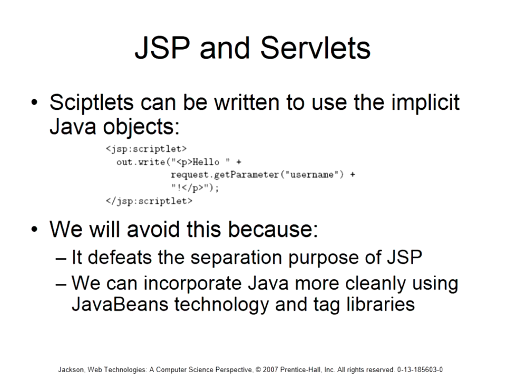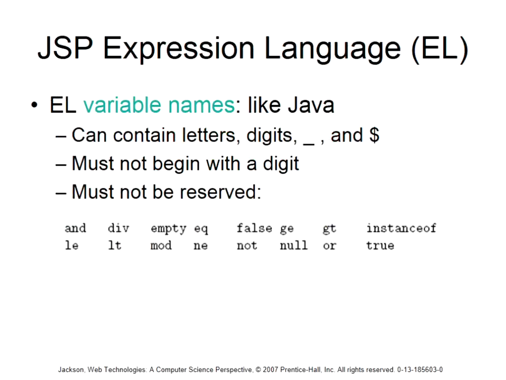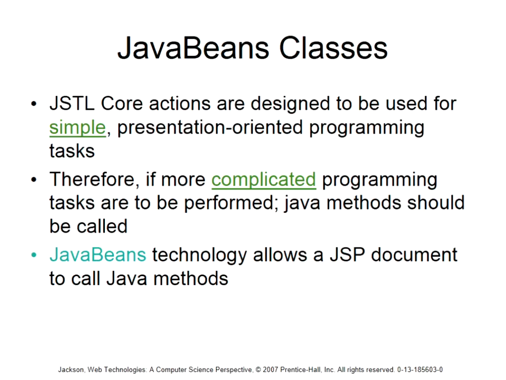Very good. Now we will see together how we can use JavaBeans classes. So what's the meaning of a JavaBeans class? It's a simple Java class, a basic Java class. But when we write this class, there are some rules.